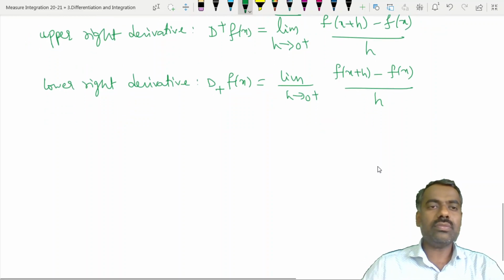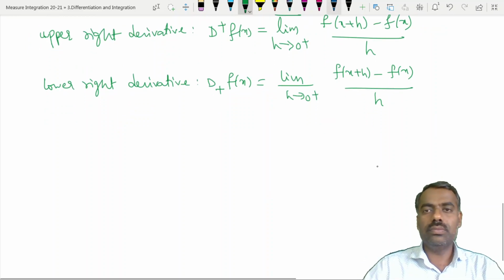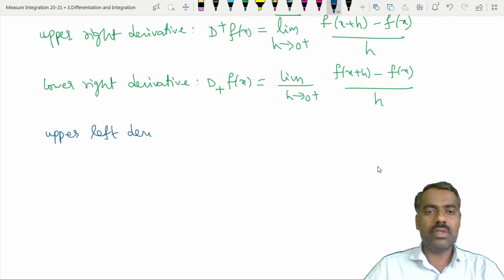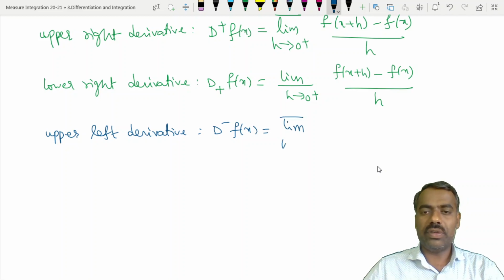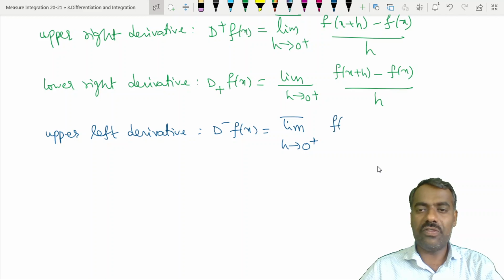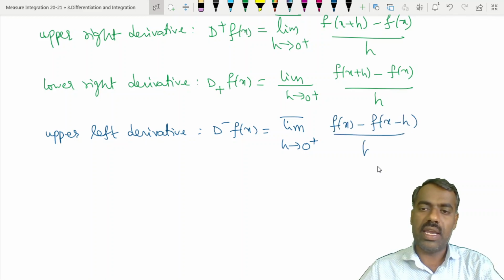Similarly, what are the other two? The other two: upper left derivative is defined as D minus f of x, this is the upper limit as h tending to 0 plus of f of x minus f of x minus h upon h.